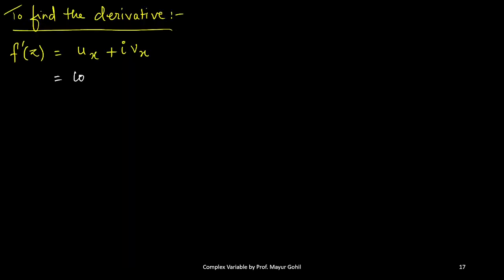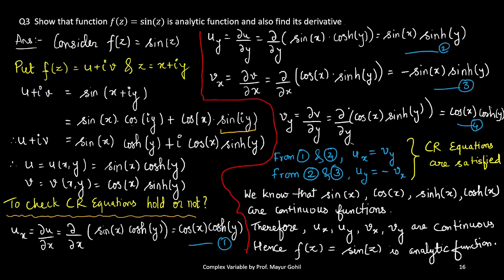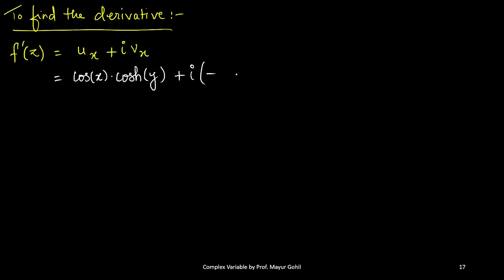So this is cos x into cosh of y plus i times, now the value for v x that we have found is minus of sine x sinh of y, right? From equation 3 we can see that. So it's going to be minus of sine x sinh of y.